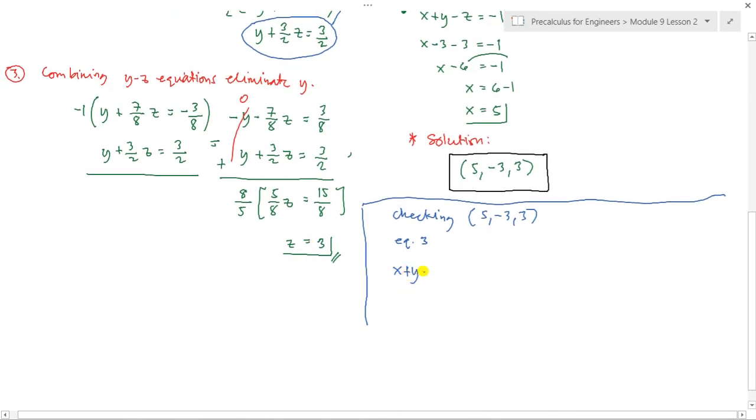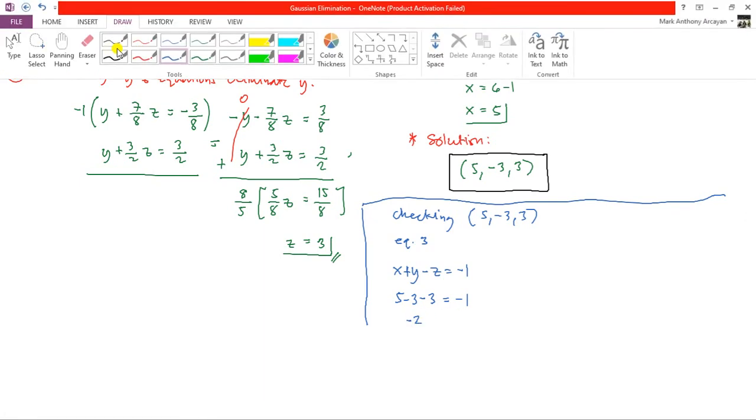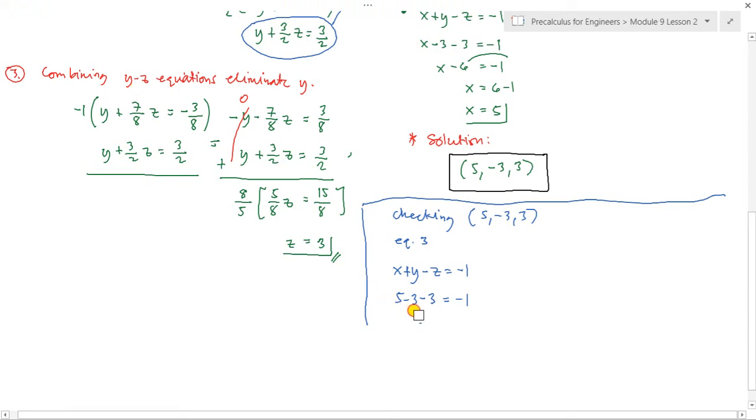Here x is 5, y is negative 3, z is 3. 5 minus 3 is positive 2, sorry. Then 2 minus 3 is equal to negative 1. So negative 1 is equal to negative 1. Therefore, it is verified.